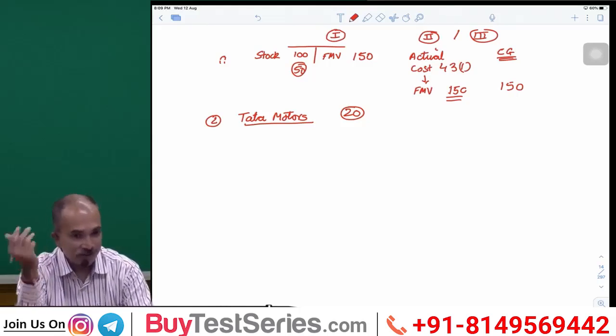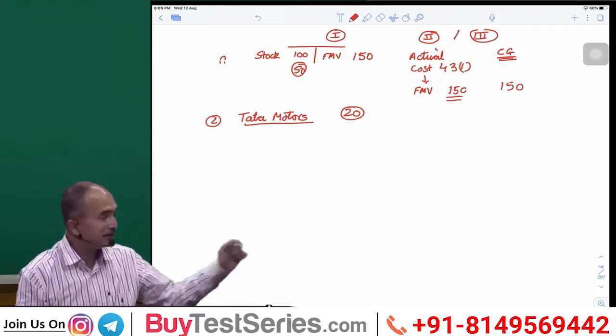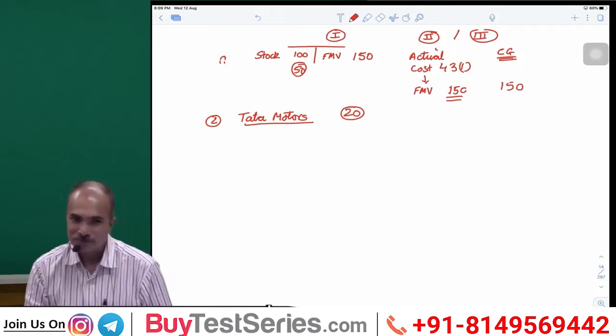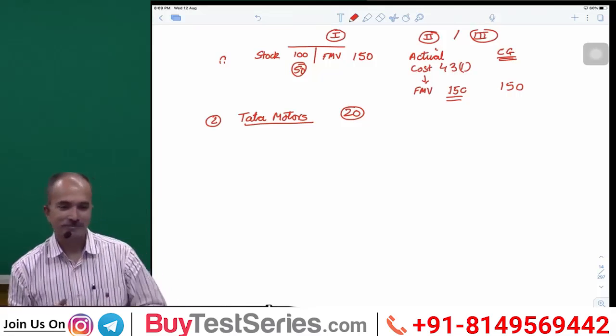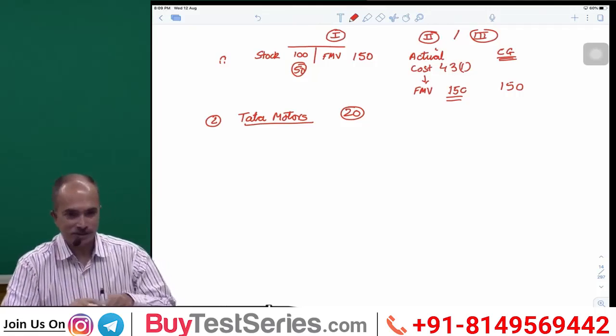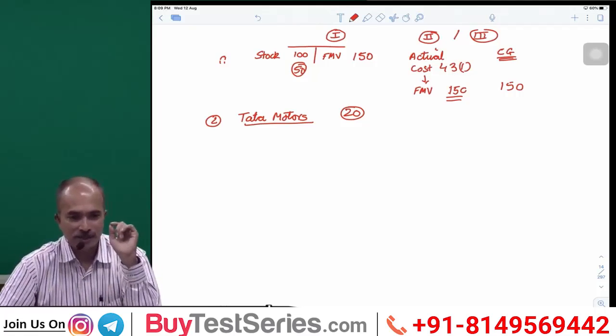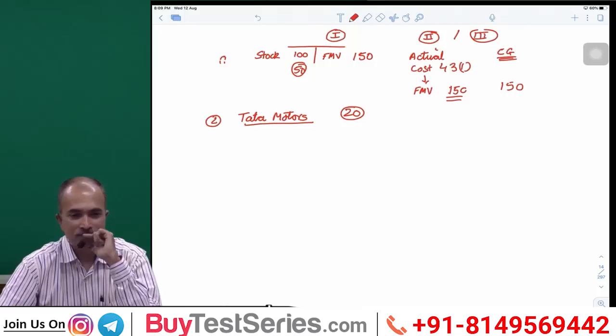Take another interesting situation, and the real reason why this section is here: shares and securities. I am holding shares as stock in trade. I convert them into a capital asset.